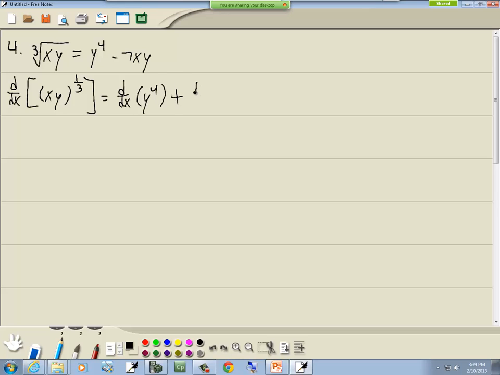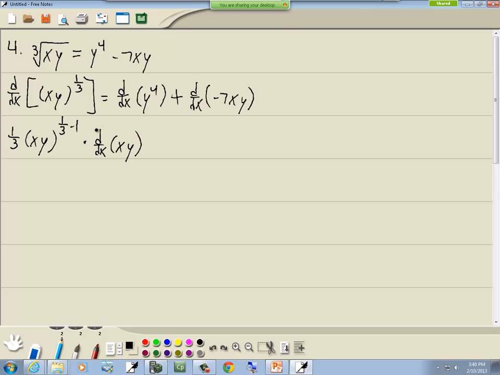Okay, so plus, and then take the derivative of negative 7xy. Now over on this left side, this is a chain rule. We've got parentheses to a power. Chain rule specifically, it's applied to the general power rule. Take our power, put it out in front. What's inside the parentheses remains as is. Lower your power by 1, so we got 1/3 minus 1, times the derivative of what's inside the parentheses.